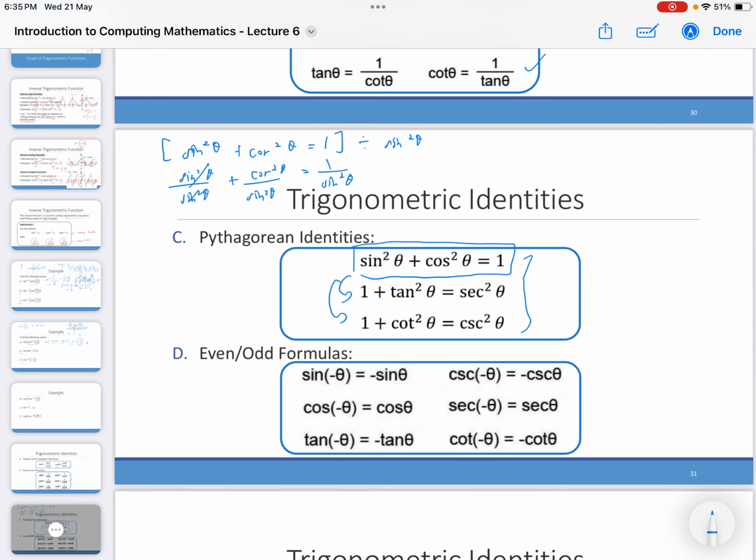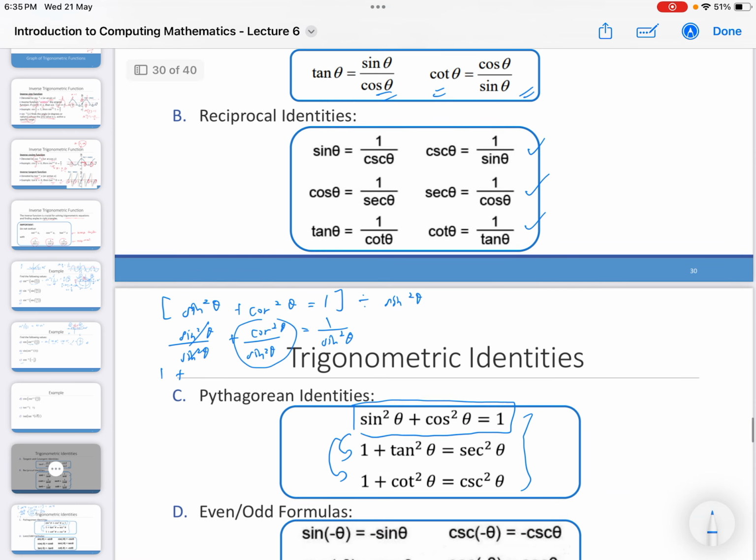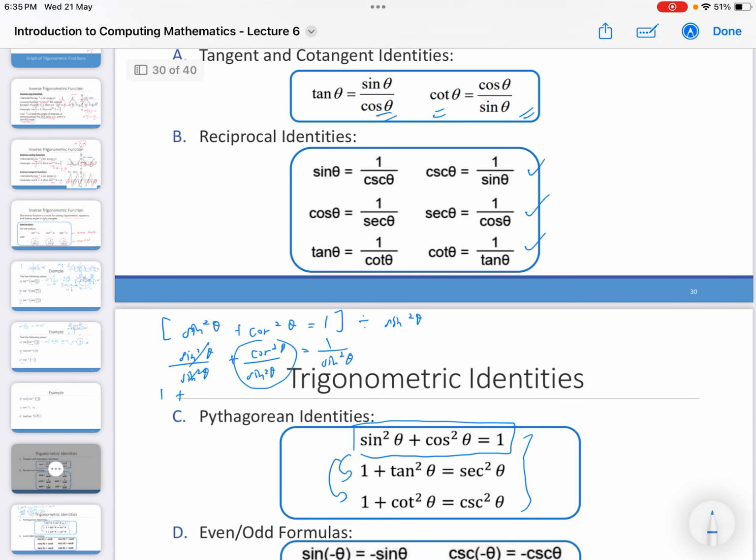This is 1 plus cos over sine squared, and we know from before that cos over sine is cotangent. So we get 1 plus cotangent squared theta equals 1 over sine squared theta. And we know 1 over sine is cosecant, so this is cosecant squared theta.